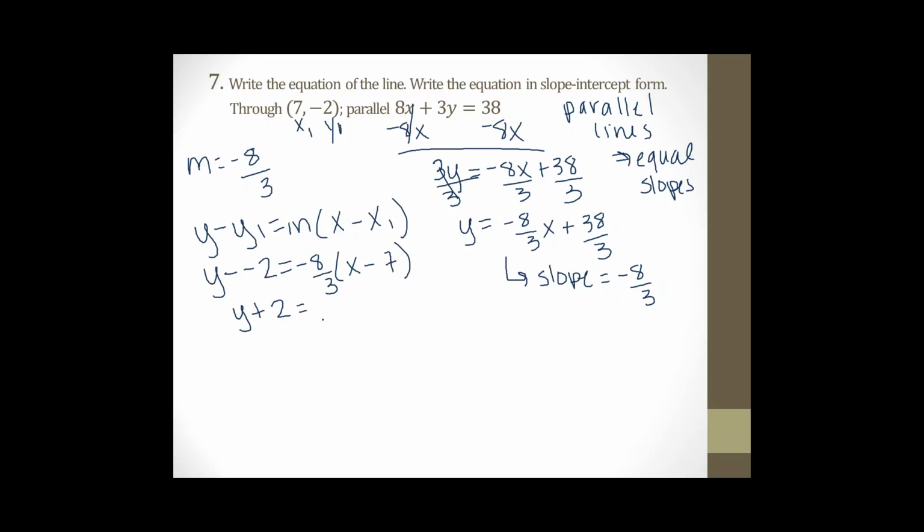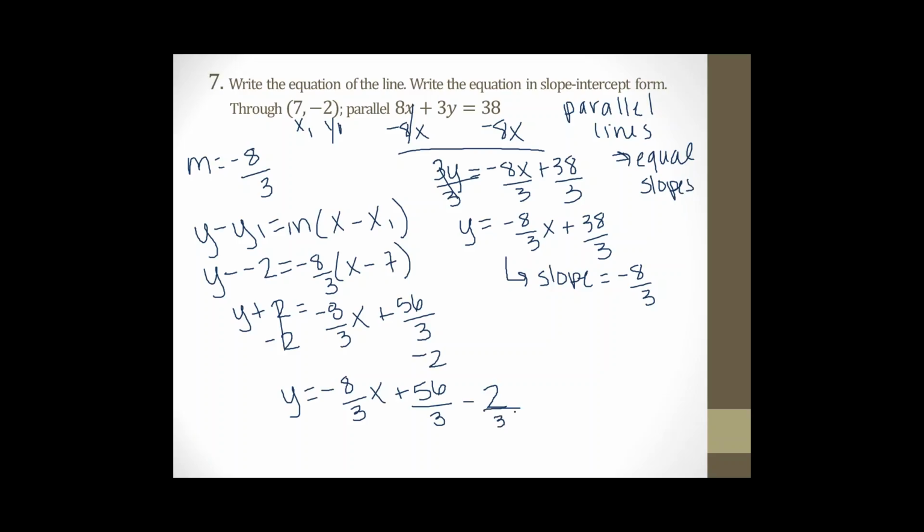And then we're going to distribute that -8/3: -8/3x plus -8/3 times -7 is positive 56/3. Finally, we're trying to get this in slope-intercept form, so let's subtract 2 on both sides. So we have y equals -8/3x plus 56/3 minus 2. Let's get a common denominator. The least common denominator will be 3.